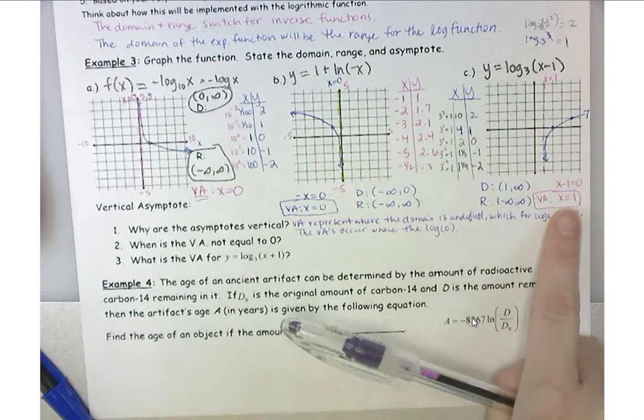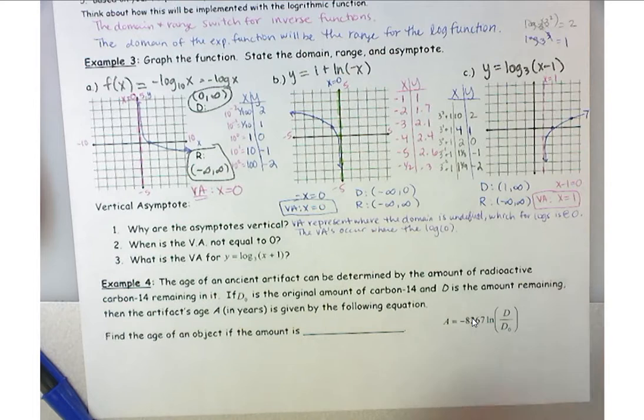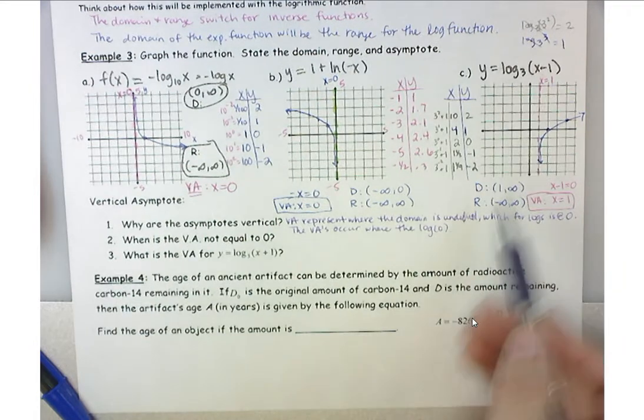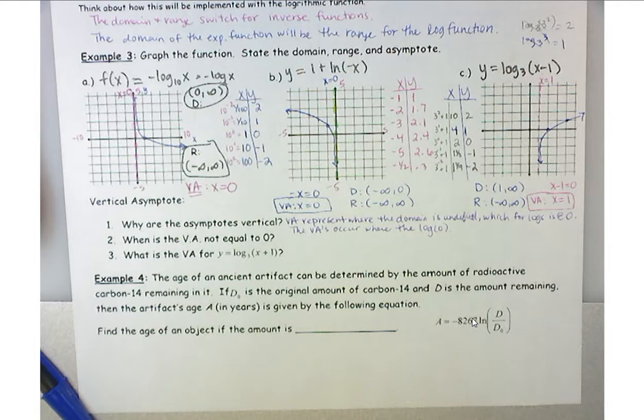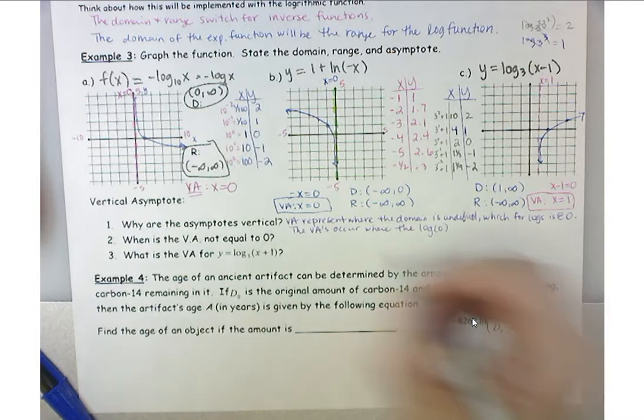Okay, so the reason why it's x equals 1 is because if you were to plug in 1, you get the log of 0, and that can't happen. Right? The rest of them are going to follow from that. That's why we don't have anything in this section here. I said, when is the vertical asymptote not equal to 0? When there's a shift to the x. Okay, good. So you can say when there's a horizontal shift.